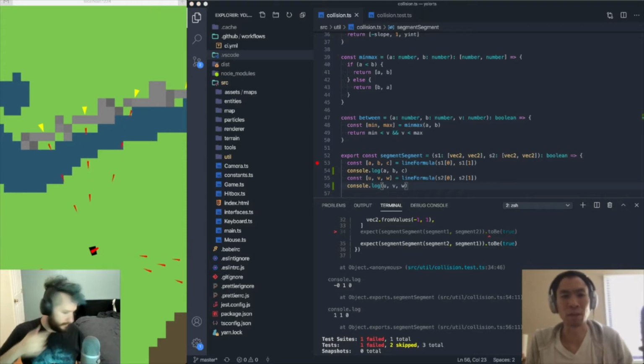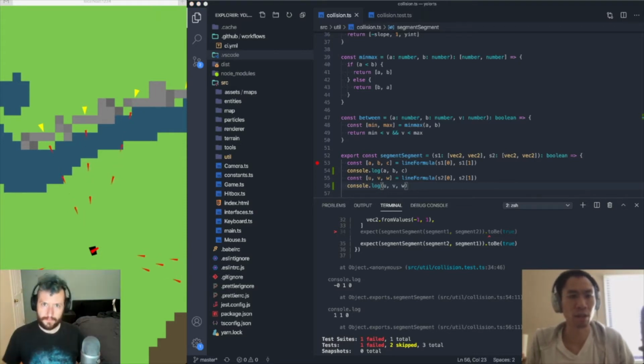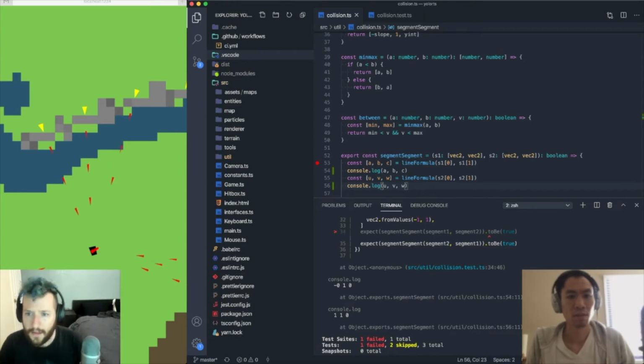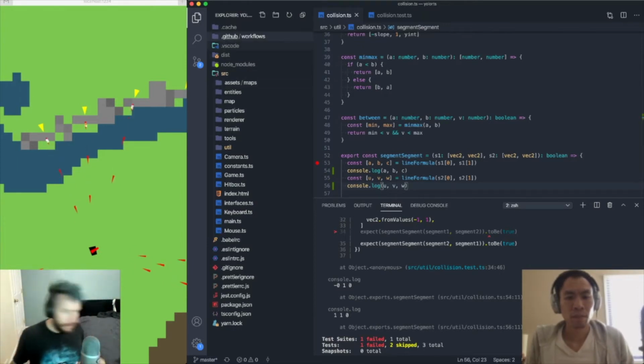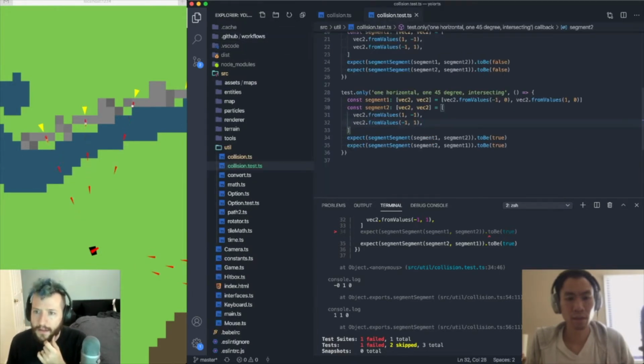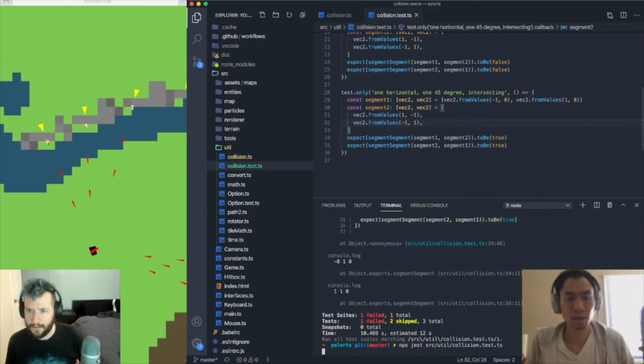But yeah, breakpoint debugging in these cases is quite nice. Since I added a breakpoint here, is it not going to pause automatically? I guess I haven't done this yet.